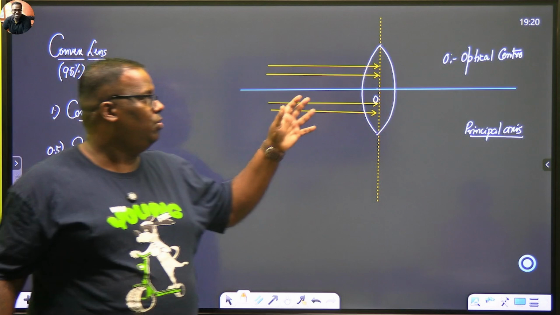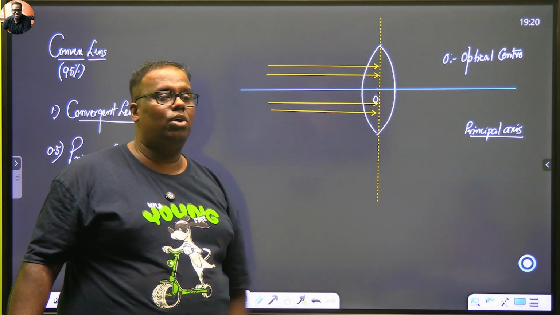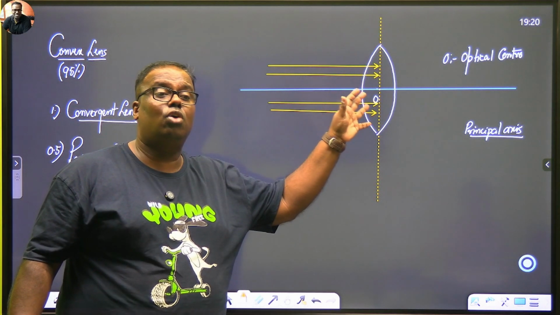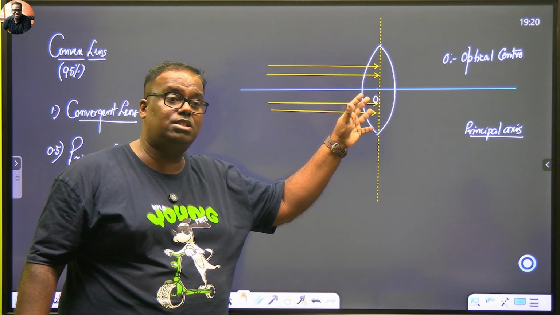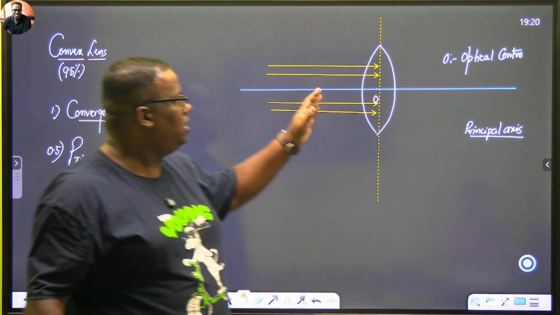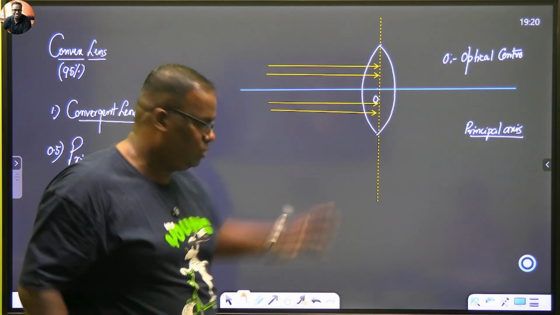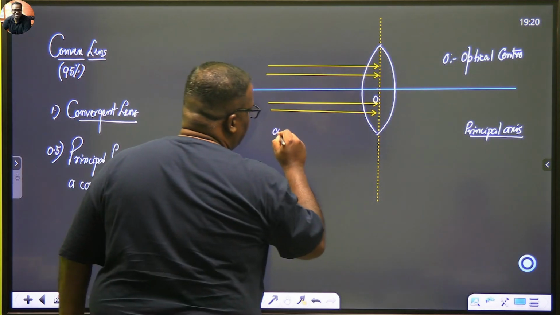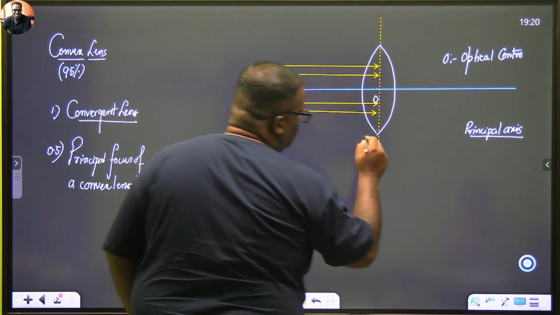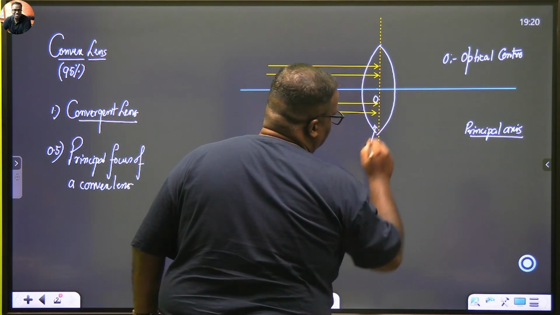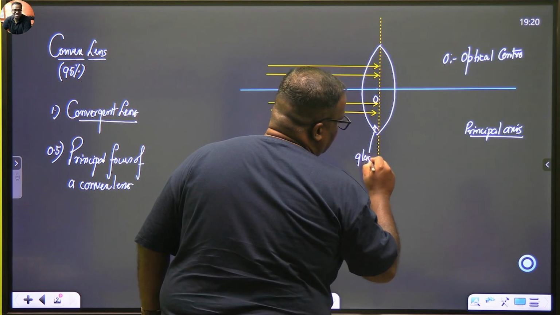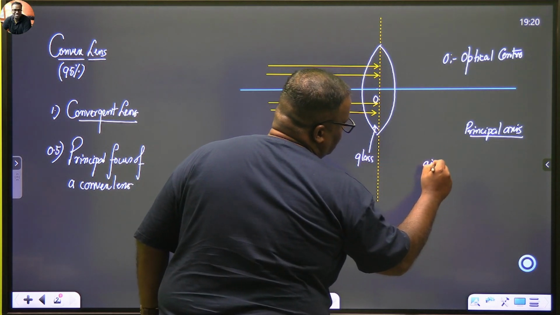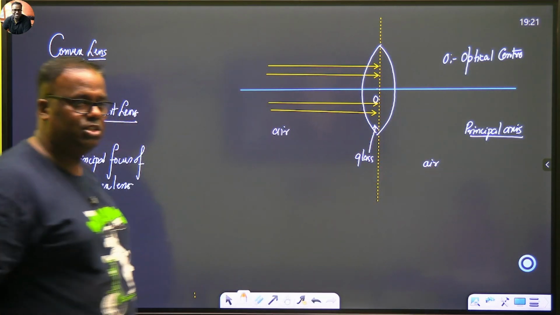When a beam of parallel rays, close and parallel to the principal axis, is incident on a convex lens, what type of lens is this? This is a convex lens. Obviously, these rays are coming from air. They enter the glass and then go again into air. So don't you think there's a change of medium?